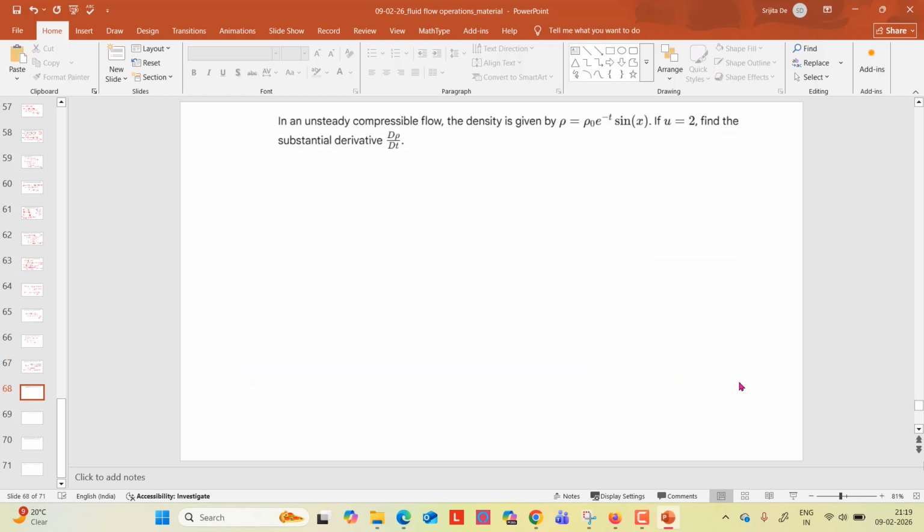Next, in unsteady compressible flow, the density is given as this. If u equals 2, find the substantial derivative d rho dt.